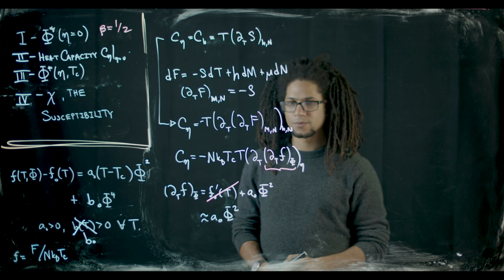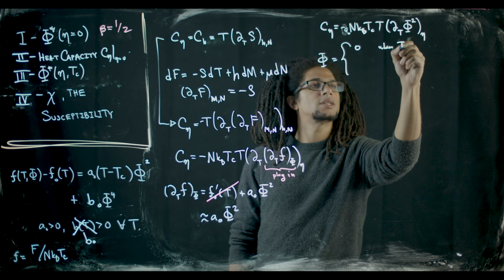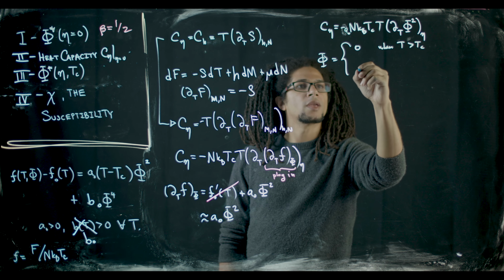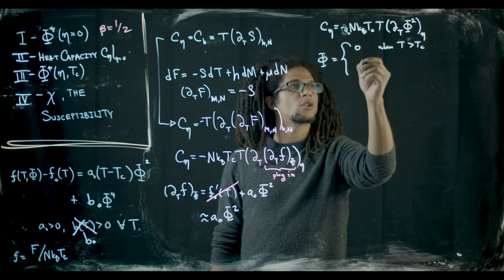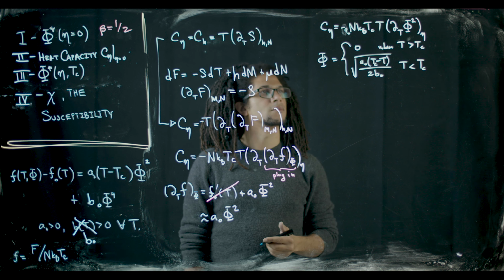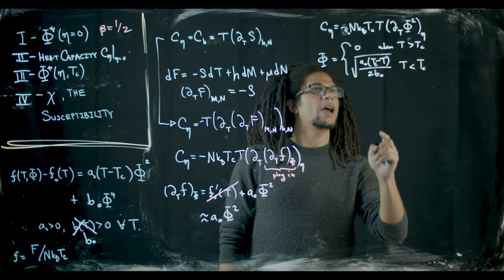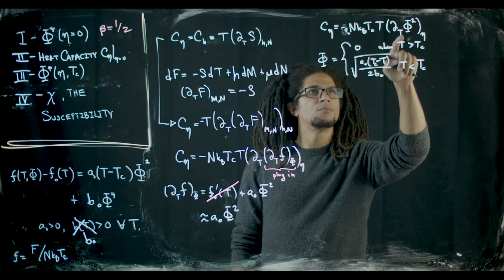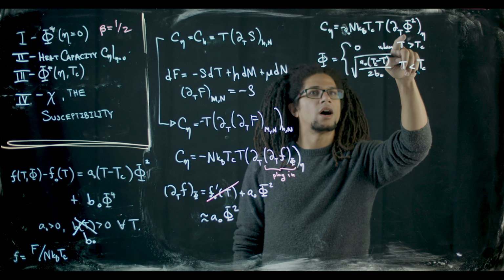So this is 0 when T is greater than T_c, and is either plus or minus, it doesn't matter because it's going into a square, a_0 (T_c minus T) over 2b_0 when T is less than T_c. All right, so in either case, we will in fact get a constant.